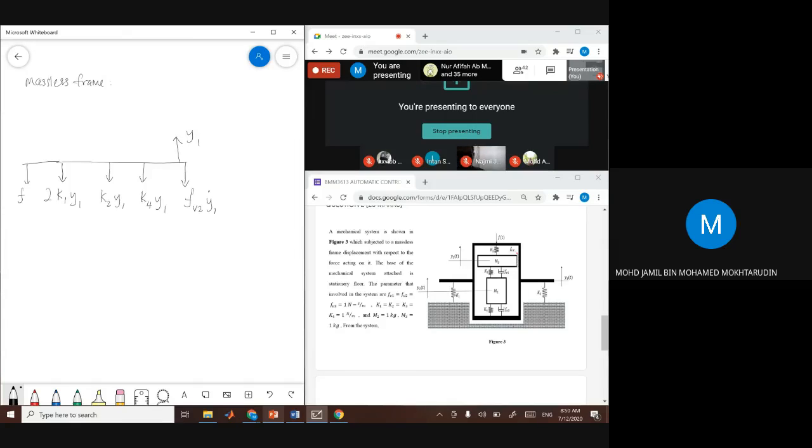Now let's look at the forces acting upward, which are the components that are also connected with other masses. So K2. Oh yeah, we forgot FV3 here. So FV3 Y1.